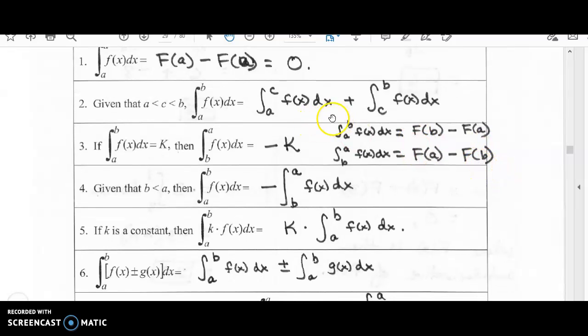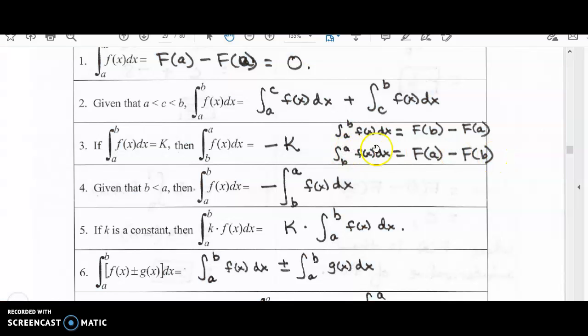So let me put a box around that. If you think of it with the antiderivative as he showed earlier, the integral from a to b of f of x dx is the same as capital F of b minus capital F of a. Check the endpoints. Well, if you switch those endpoints, then it makes perfect sense. That's capital F of a minus capital F of b. Well, if you factor a negative out of that, then you can change the signs.